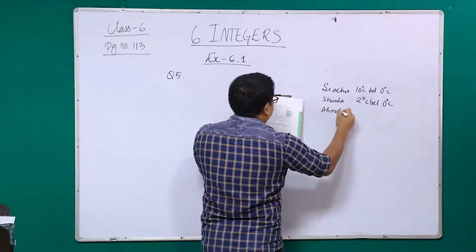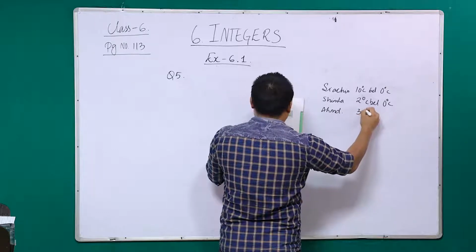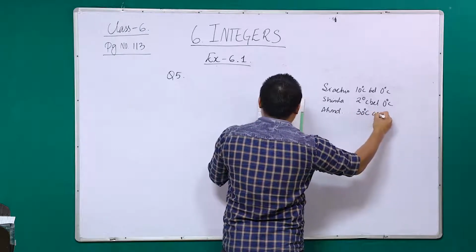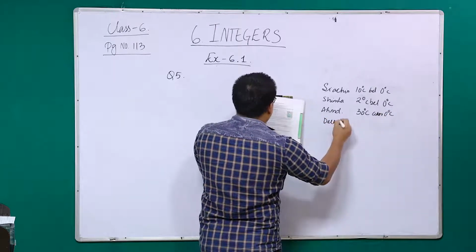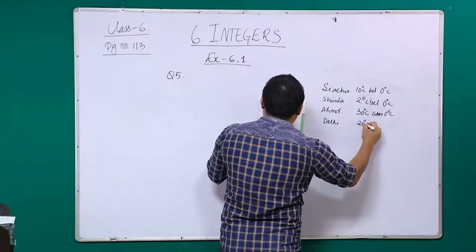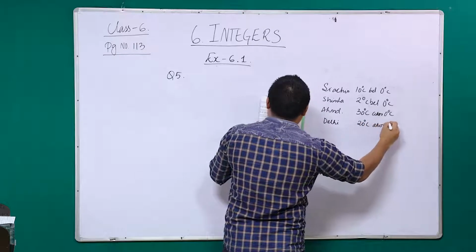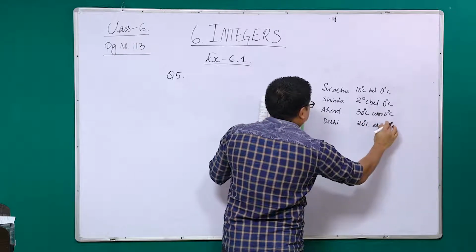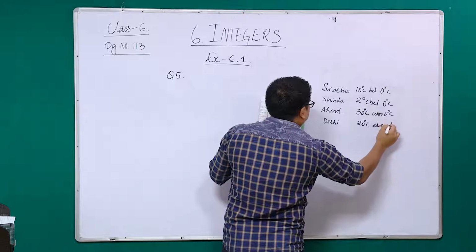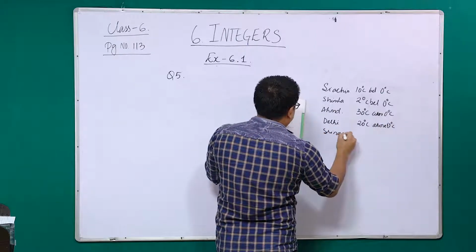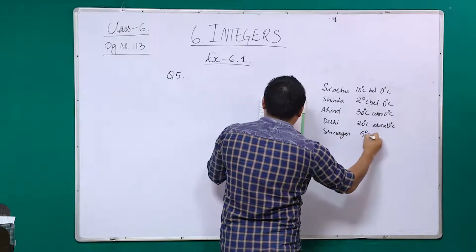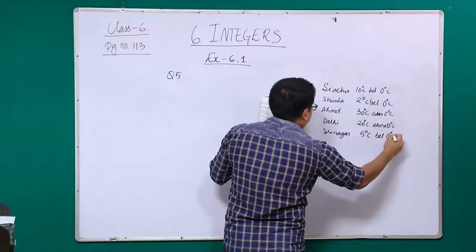Ahmedabad, just write in short, 30 degrees Celsius above 0 degrees Celsius. Next is Delhi, 20 degrees Celsius above 0 degrees Celsius. And Srinagar, 5 degrees Celsius below 0 degrees Celsius.